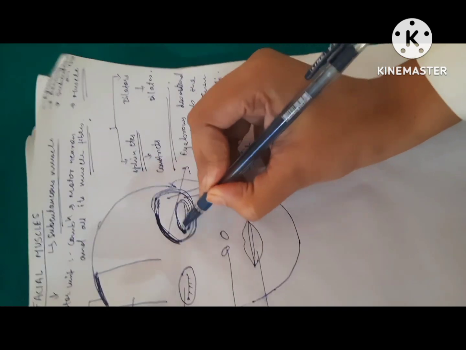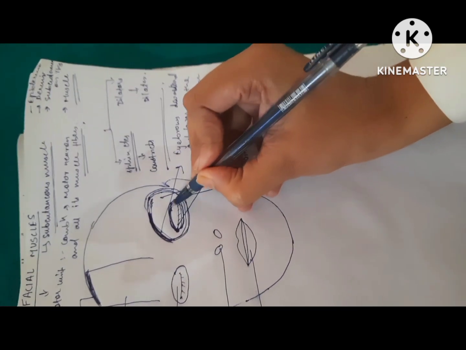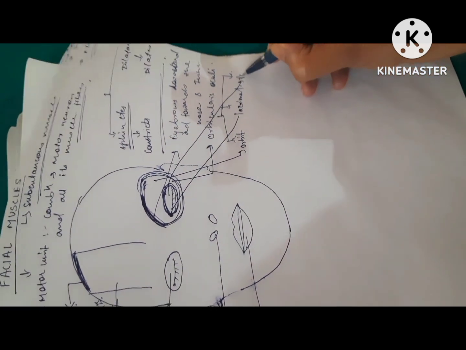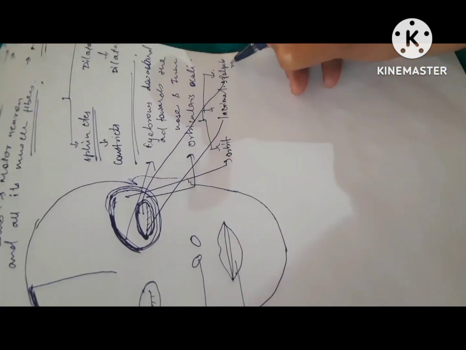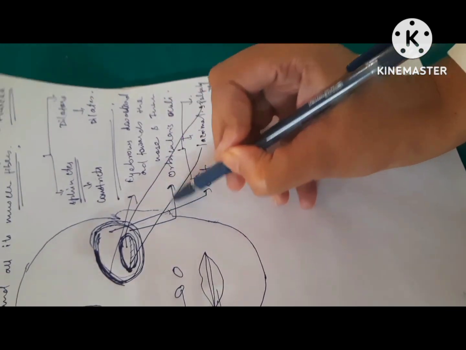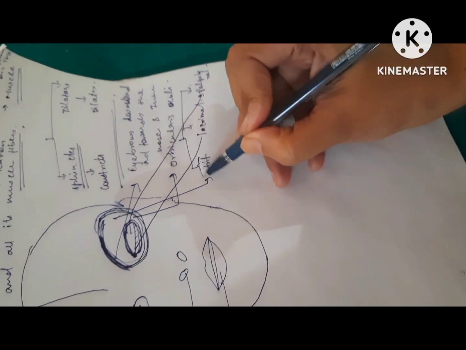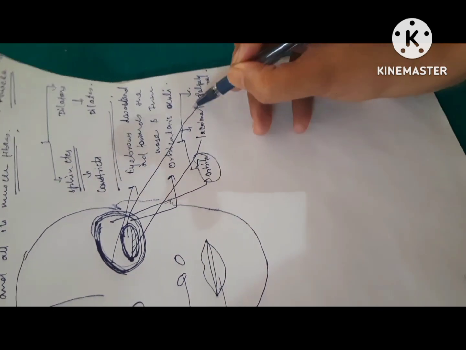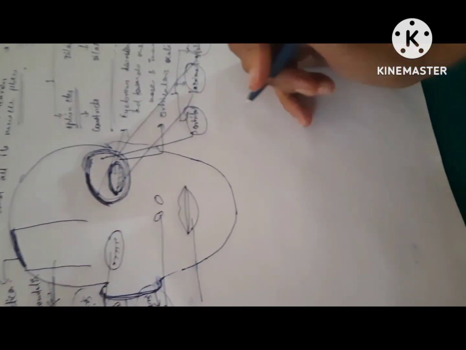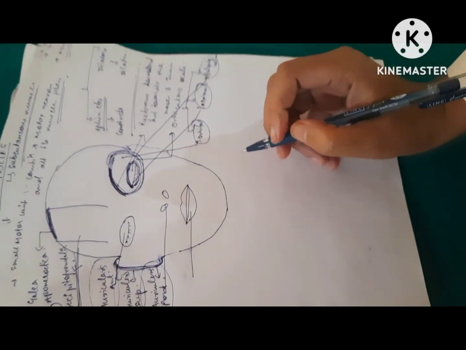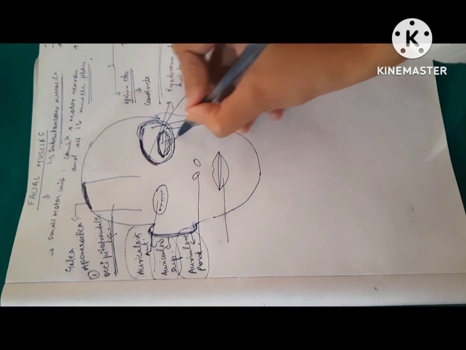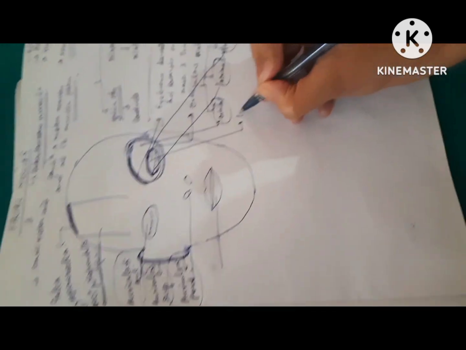And the third part covers the upper and the lower eyelid, that is called the palpebral part. So the third muscle is levator palpebrae superioris.